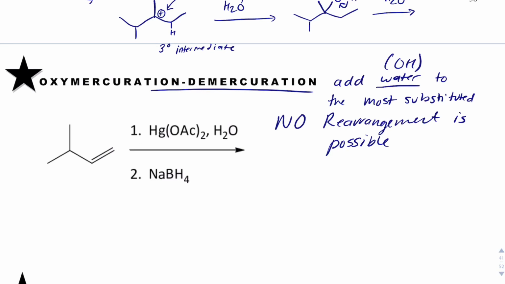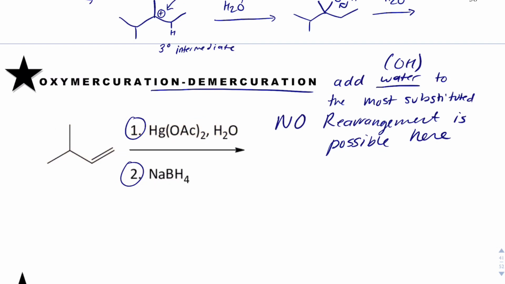I can't write today, goodness. Okay, notice we have 1 step and then 2 steps. So even though this sodium borohydride is underneath the arrow, because it has a 2, that doesn't mean we're dissolving mercury acetate in there. What it means is that the first thing is to take this compound, react it with this, then whatever it forms, we'll react it with sodium borohydride.